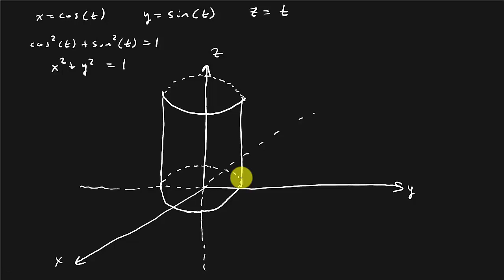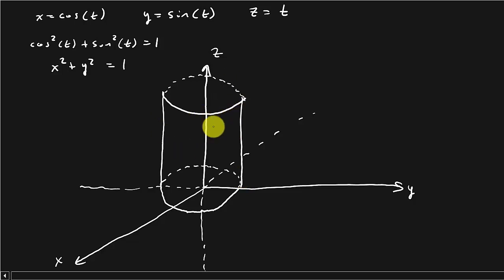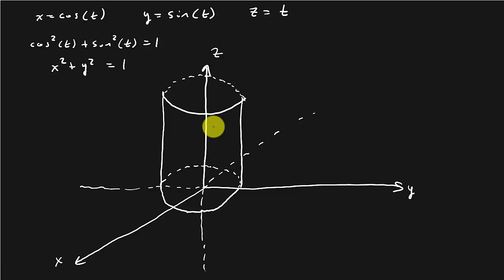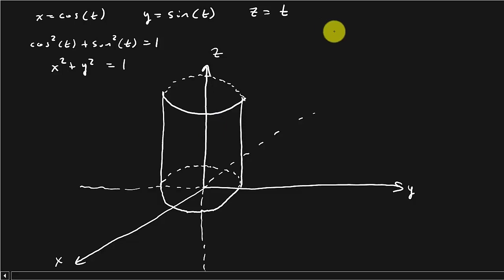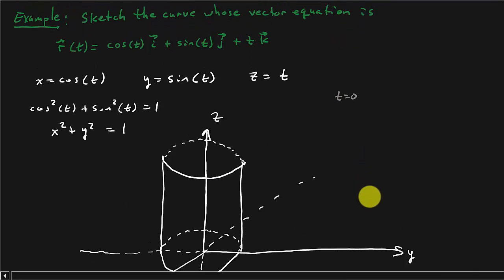And then what we're going to do is pick some points for t and plot those points. And look what's happening. This is the surface that your space curve's going on. So when we pick our points, let's just pick one. So for instance, t equals 0.